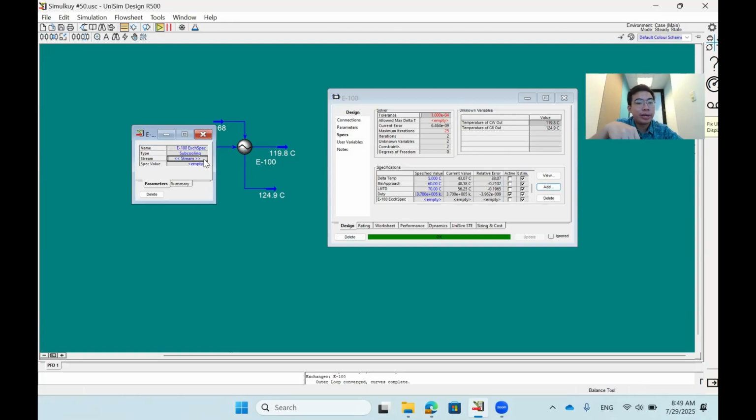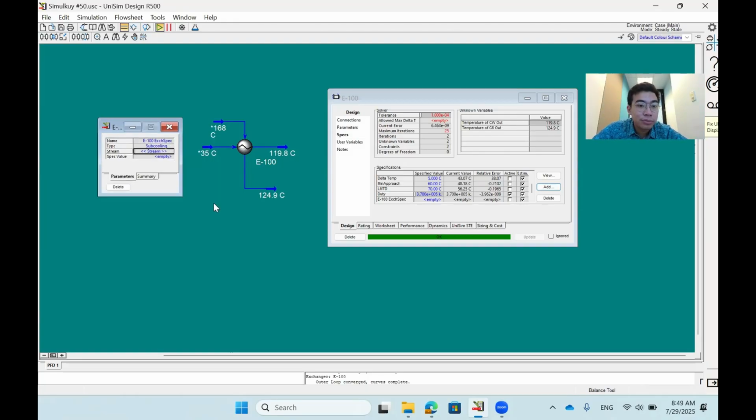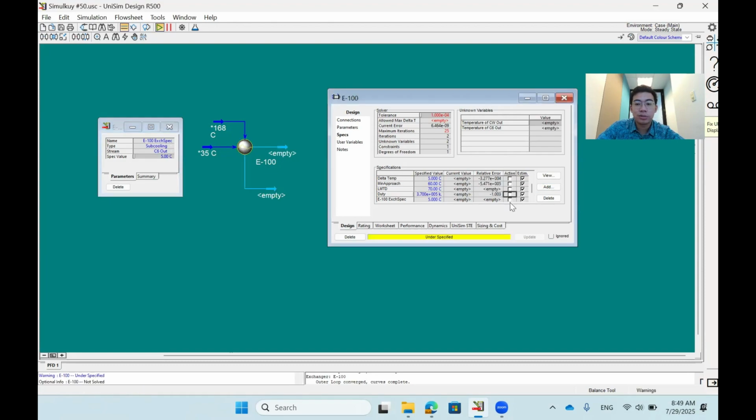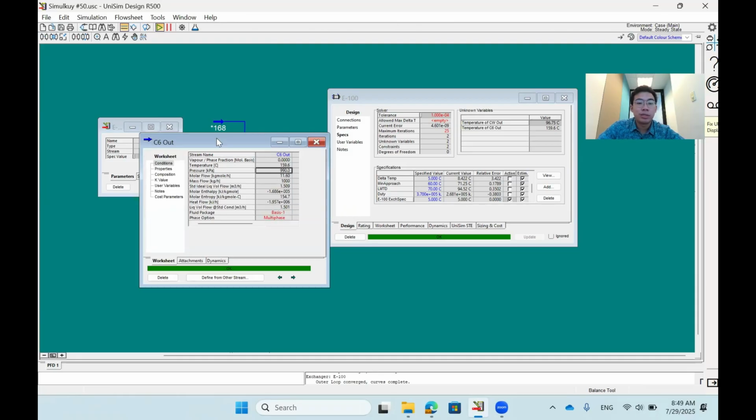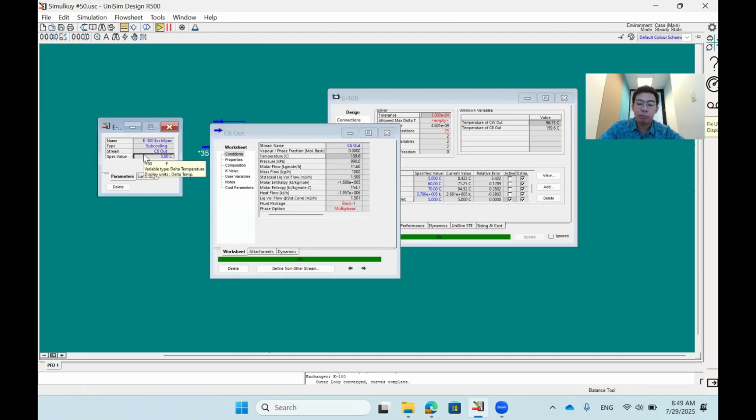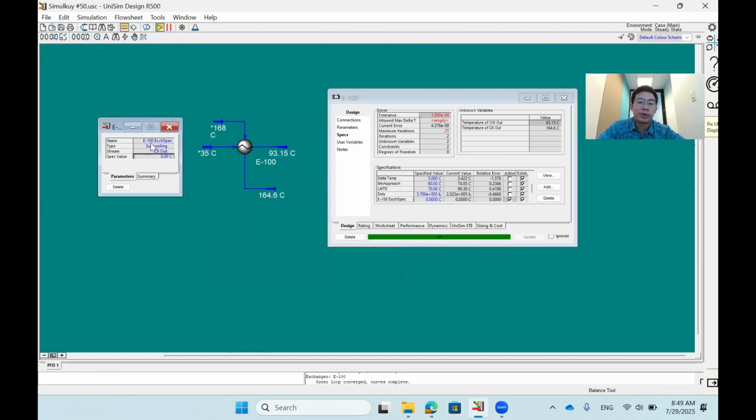For example, in this case, we want to subcool the hexane, C6 out, by how much? For example, by 5 Celsius. So it will be 5 degrees lower than the saturated liquid. If we put 0, it means that it will be in the saturated liquid condition. It's quite easy, right?